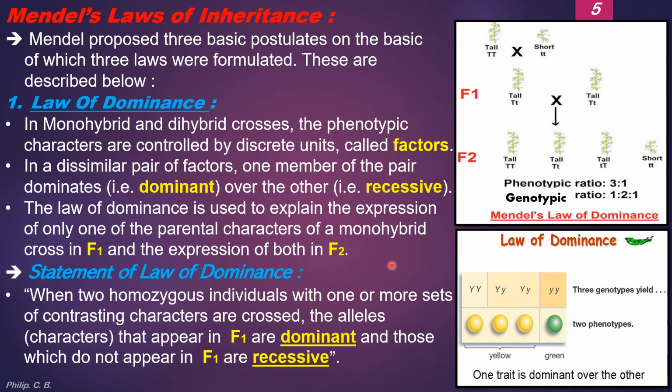So we can see one character, which is dominant, is expressed in the F1 generation. In the F2, both are expressed but in the ratio 3:1.